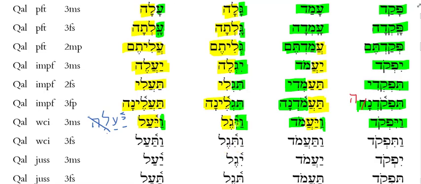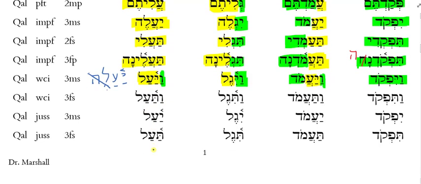That yod is not a root 1 yod, that's a prefix yod. And this is a prefix tav standing where the prefix yod was. Va-tigol, and she uncovered. And va-ta'al, and she went up. All right? So that's really there just to help you not get too focused on thinking WCIs are always 3MS. They're not. Anybody can do a WCI verb.